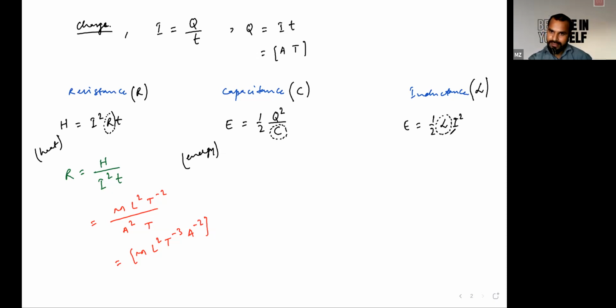Abhinav, here it is I squared. Yes, sir. I forgot about the power. Good, Riba. Rehab, send me your answer.